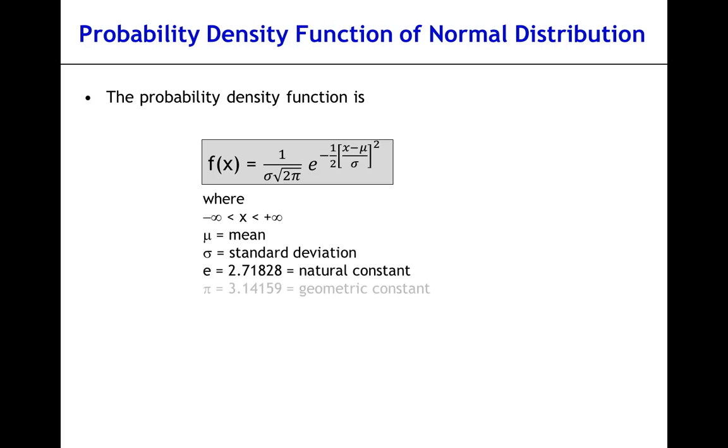And pi is equal to 3.14159, or what is known as the geometric constant, commonly known as the ratio of circumference to diameter of a circle.